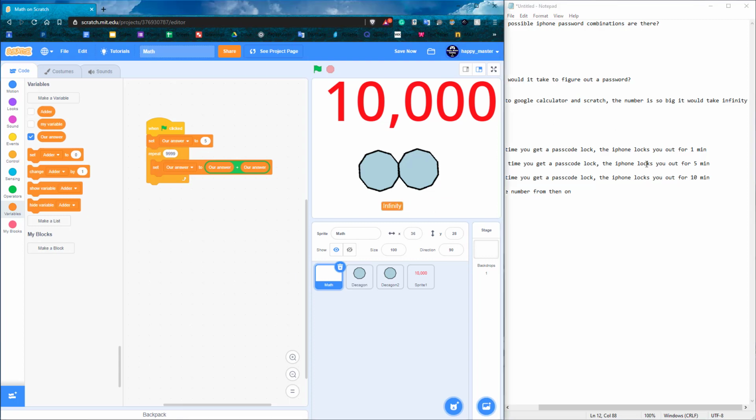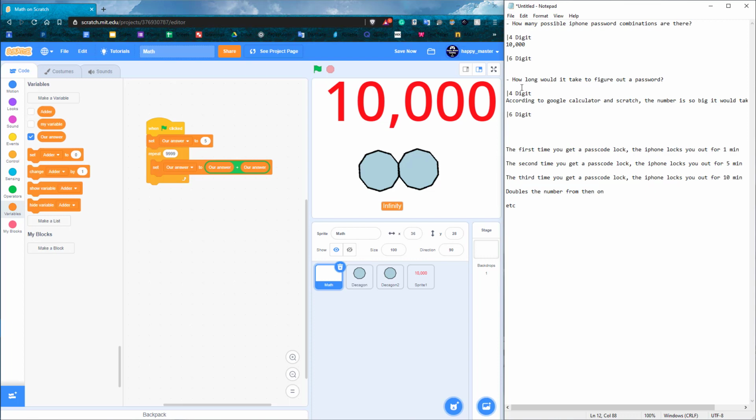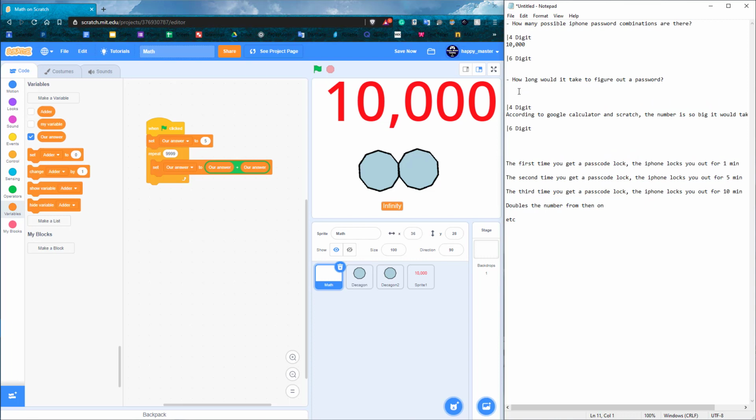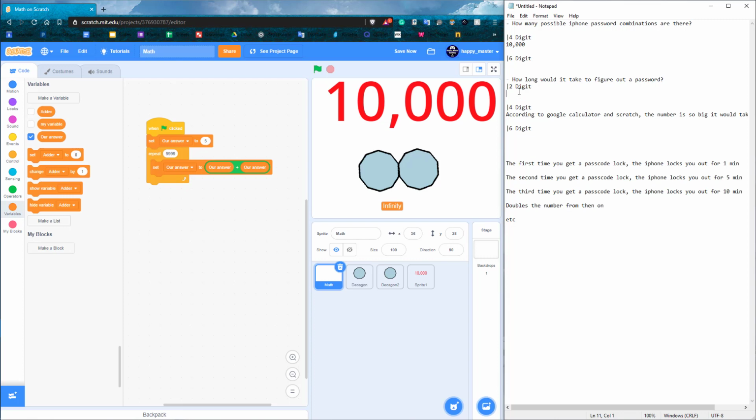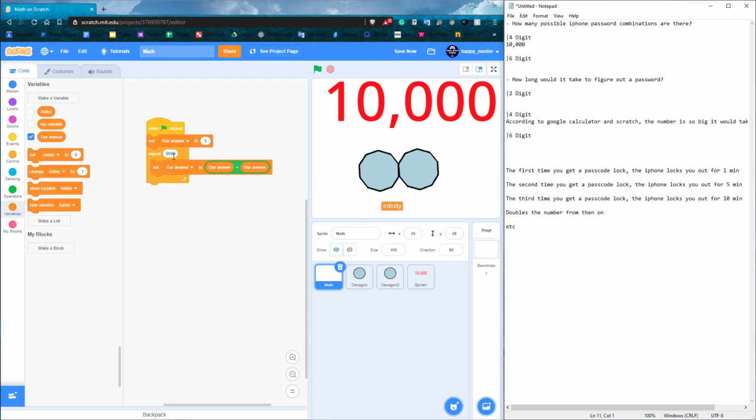But if we think about it, let's say we did a 2-digit. 2-digit is 100 times, so we're going to do 99 times. And the answer is a lot.